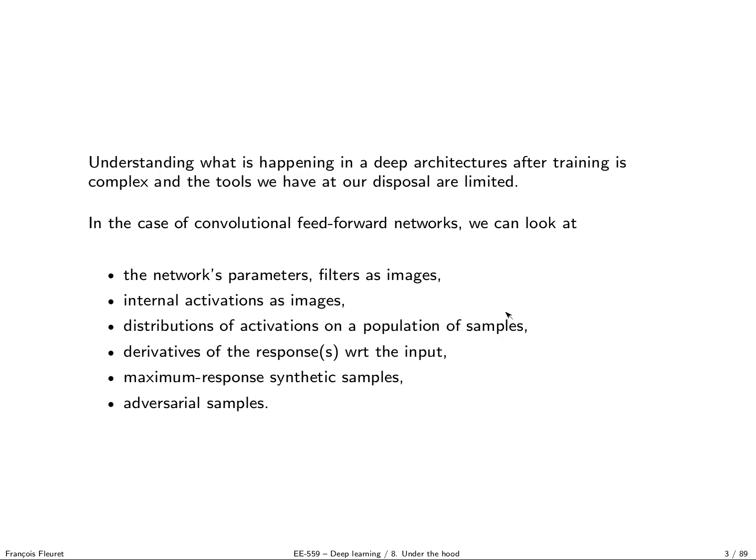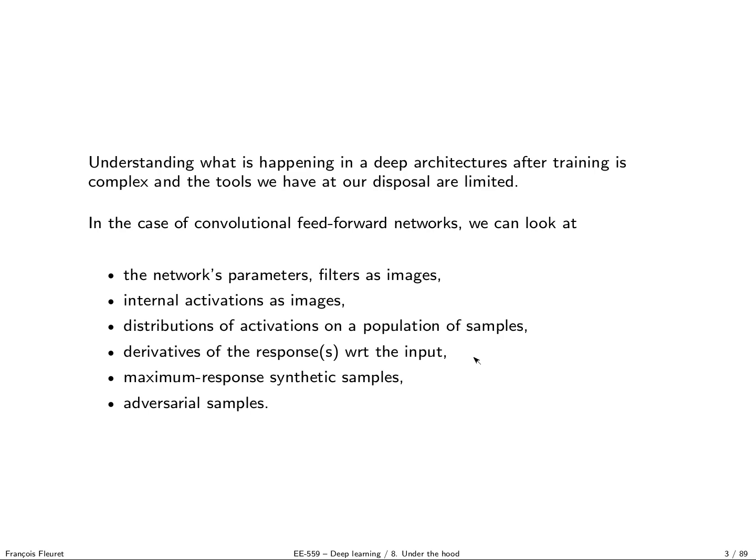We'll then see how we can look not at the processing of individual samples, but at the actual distribution of the population of samples. That will give us an intuition of the type of transformation of the space itself that a network is doing.